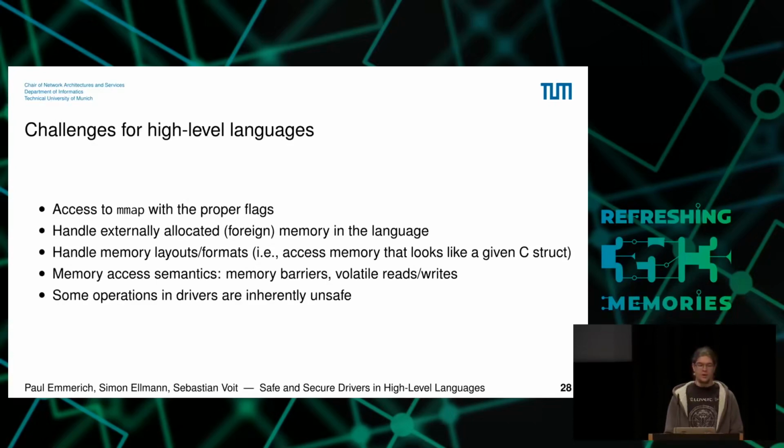And of course, especially for low-level stuff, you often have to use some kind of unsafe code in high-level languages because many operations are inherently unsafe when you operate here. But we try to contain this unsafe code to as few places as possible, to a small area.